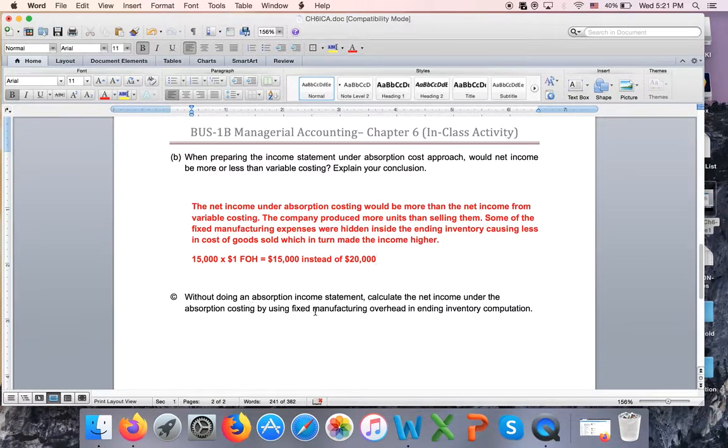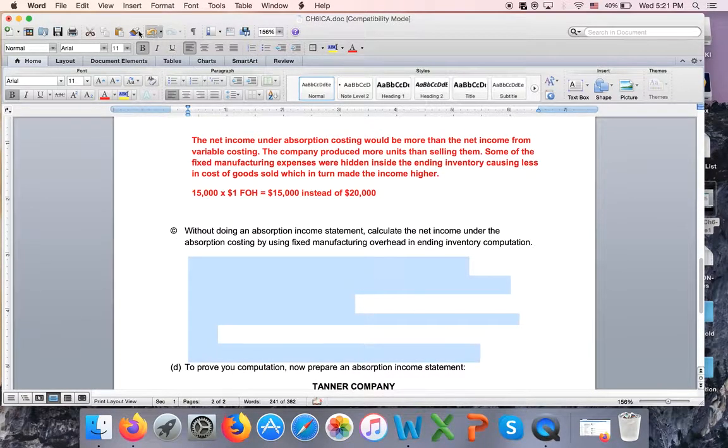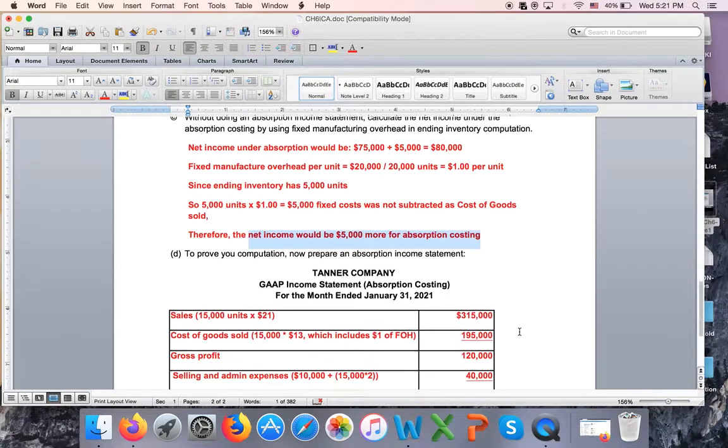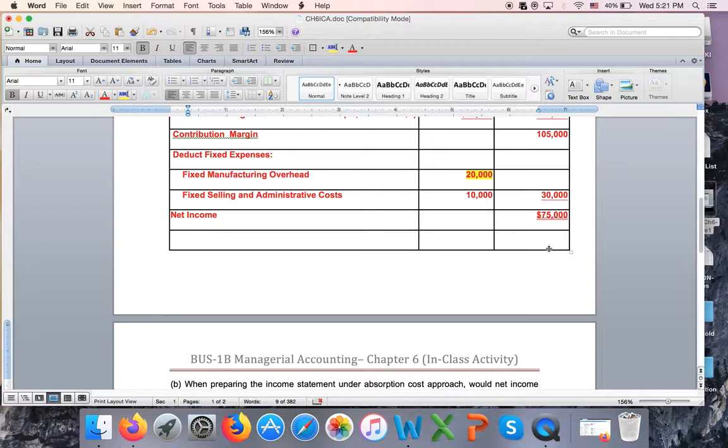Calculate net income under absorption costing by using fixed manufacturing overhead. We go through the calculations here, as I already did. Since we did not sell 5,000 units, and fixed overhead is $1 per unit, the absorption net income is going to be $5,000 higher. And here's the proof. It's 80,000 instead of the reality of 75,000.